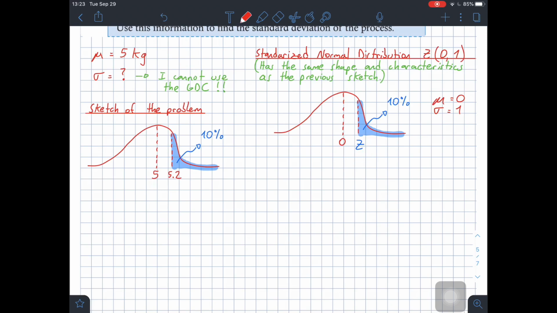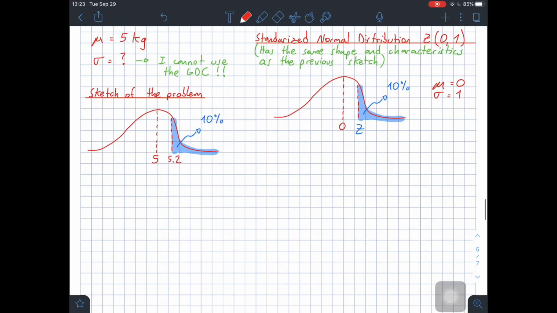That's the idea of the standardized normal distribution. So we are looking for a value C where the probability of being above it is 0.1.